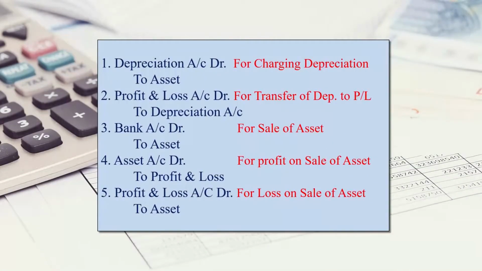So, friends, when the depreciation account is not maintained, the journal entries recorded in the books of accounts are as follows. First, when we charge the depreciation on the asset, it is depreciation account debit to asset.